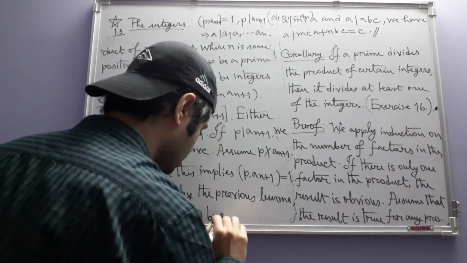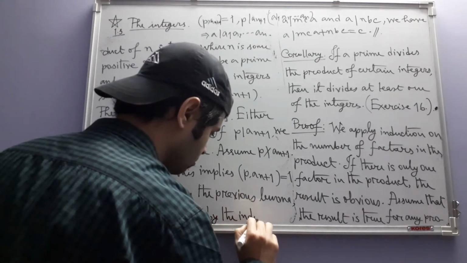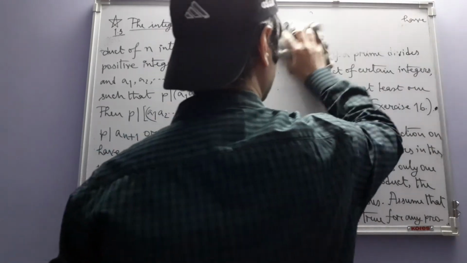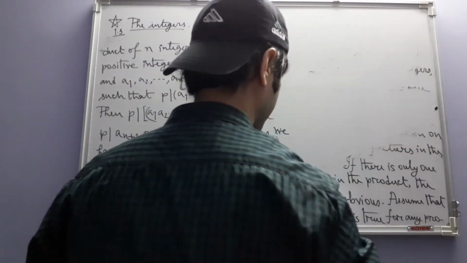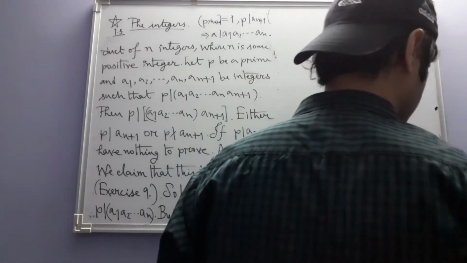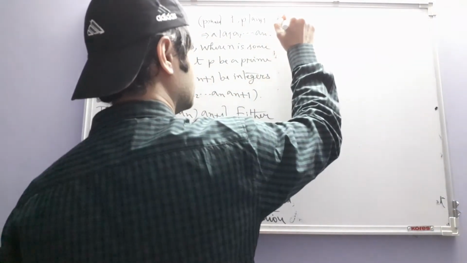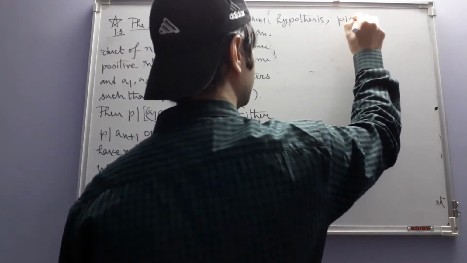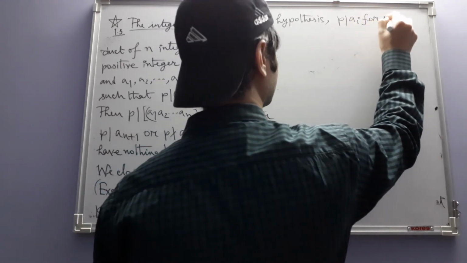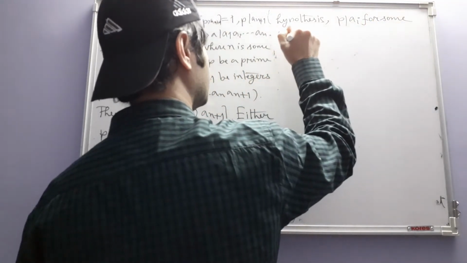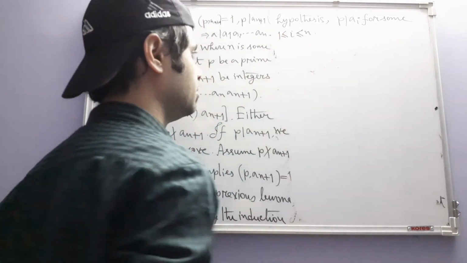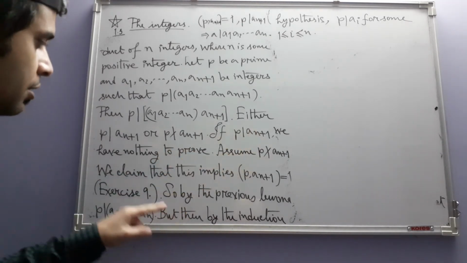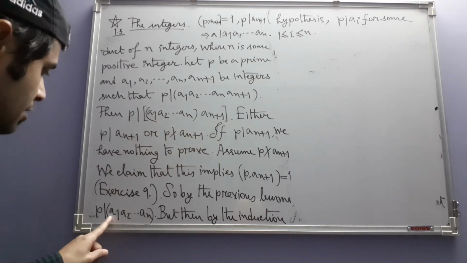But then by the induction hypothesis, P divides AI for some I lying between 1 and n. So in any case, you see that either P divides an plus 1, or if that's not the case, then P divides one of these.